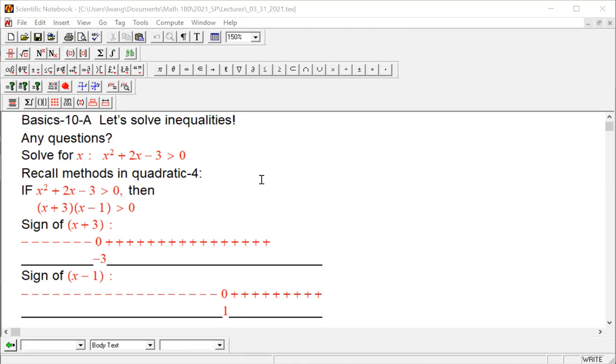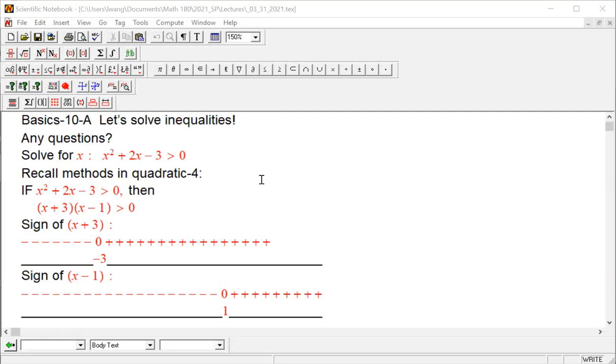These, and solving inequalities, larger than 0, less than 0, greater than or equal to 0, and so on, will not change for any function.